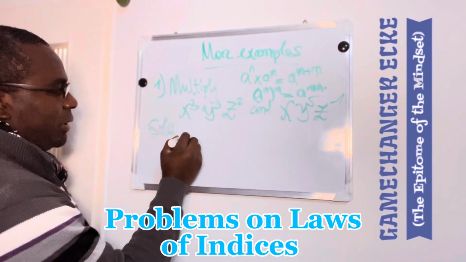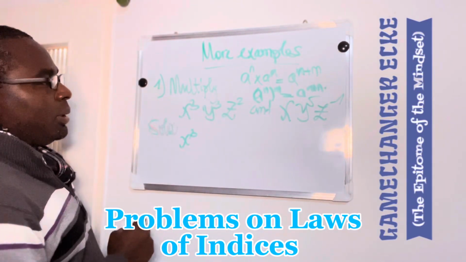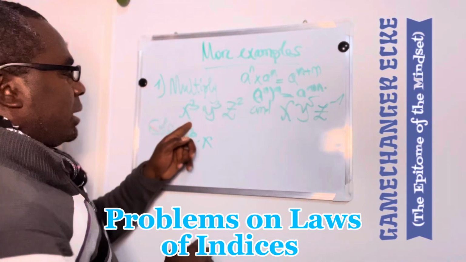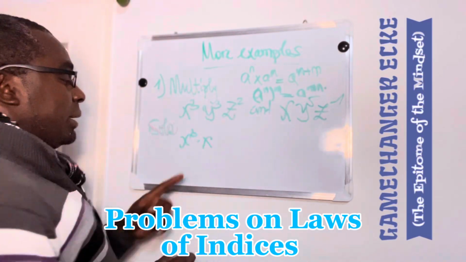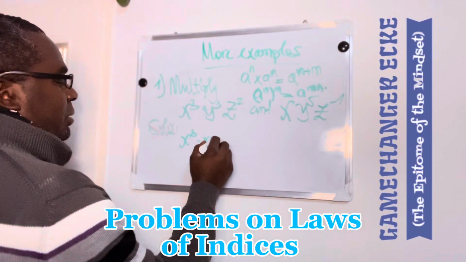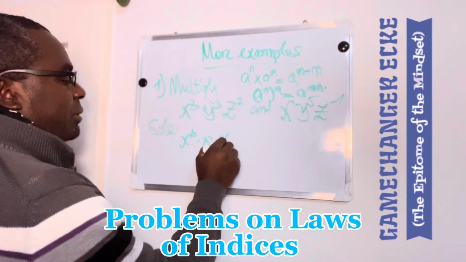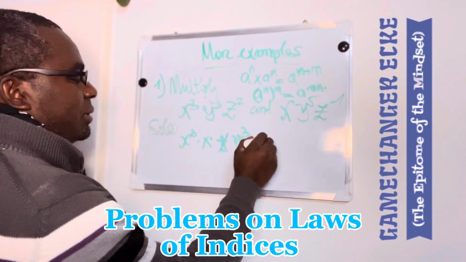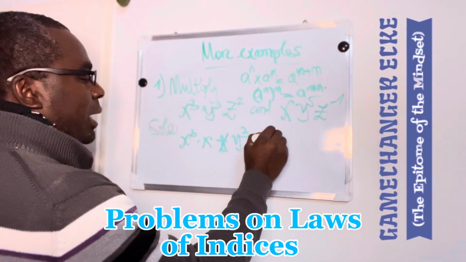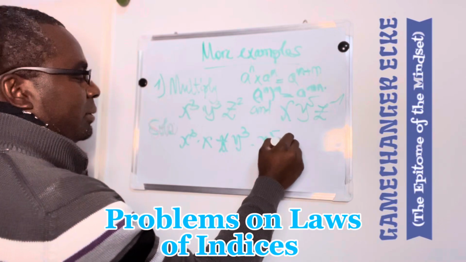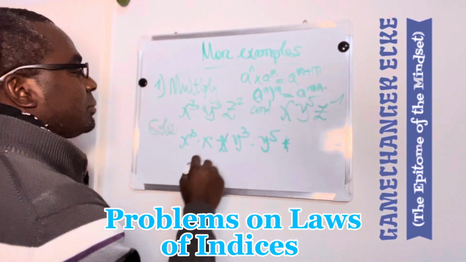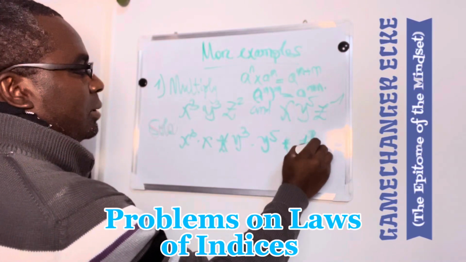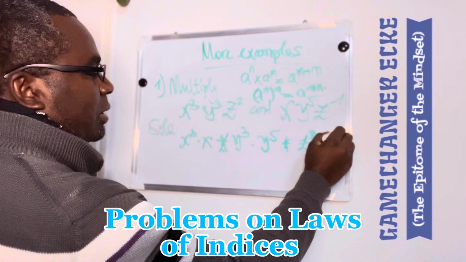So the solution that we have here: if we want to use the multiplication law, we say x cubed times this x, and this x is the same as x to the power 1, times y cubed times y to the power 5, times z squared times z to the power minus 1.